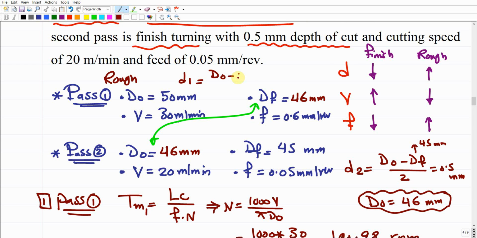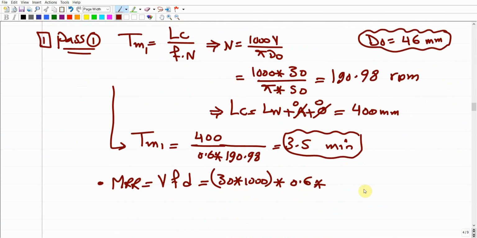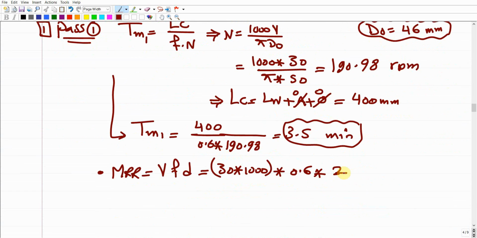It should equal D0 minus D final over 2, right? D0 was 50, minus D final, which is 46 for pass 1, over 2. The difference here is 4, so it's going to be just 2 millimeters as the depth of cut. Make sense? So this is going to give us 2 millimeters.